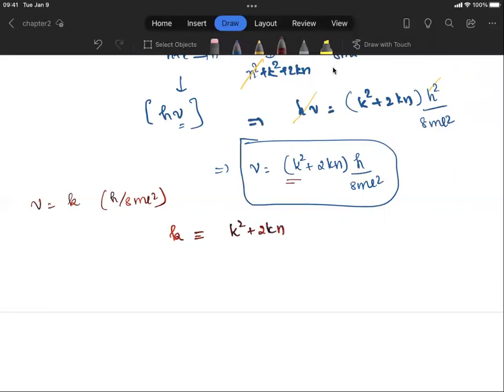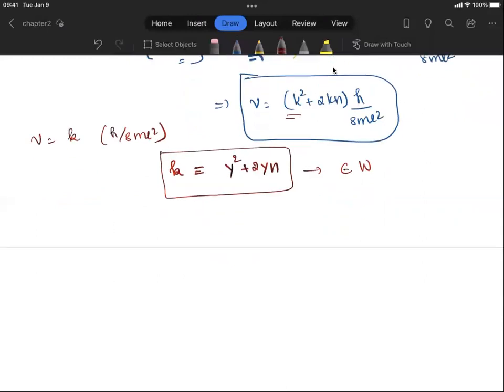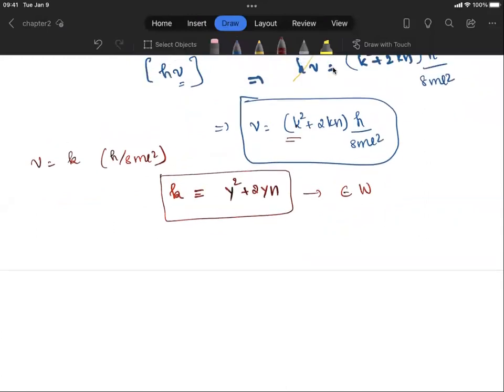I mean, we can change the k to any other variable. So I'm just going to write, maybe, y squared plus 2yn. That looks odd, but this is definitely a whole number, because y itself is a natural number, so y squared is also going to be a natural number.